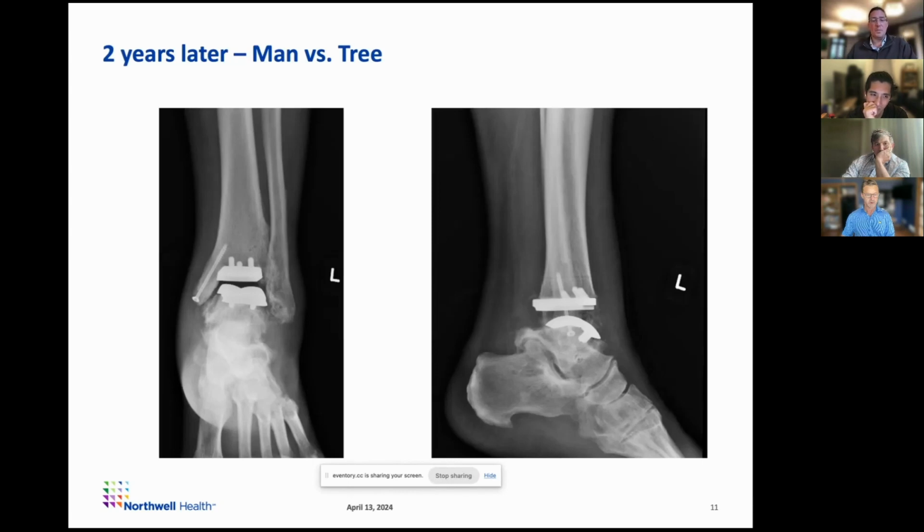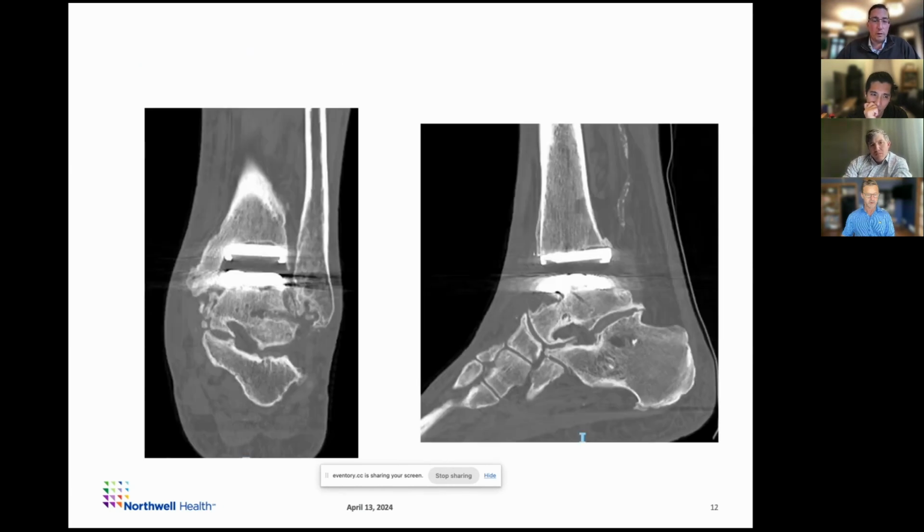Comes back in 2 years later, just because he had an injury. He was walking in his backyard, fell into a ditch, and ultimately rolled his ankle, impacted his ankle onto a tree, and was having pain. And I didn't really think anything of it. But after doing the workup, as I had mentioned, there were found to be some small cysts, and certainly you can have cysts that are much bigger.